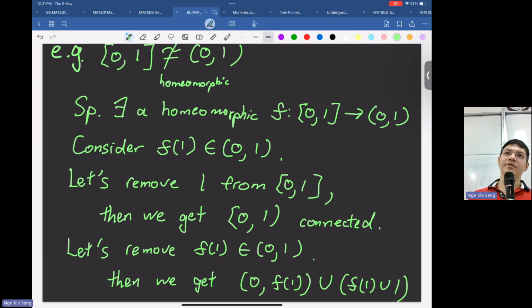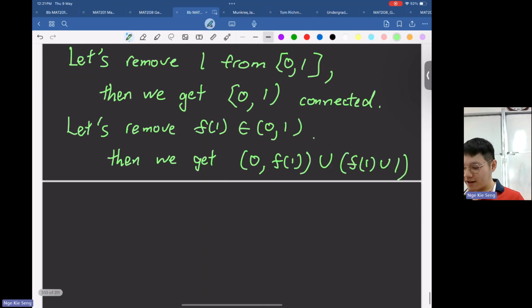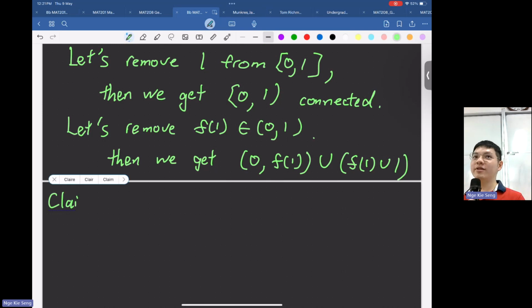What is it trying to say here? Any contradiction? I'm doing extra operation here. I think we haven't gotten a contradiction yet, but we need this claim to get a contradiction.